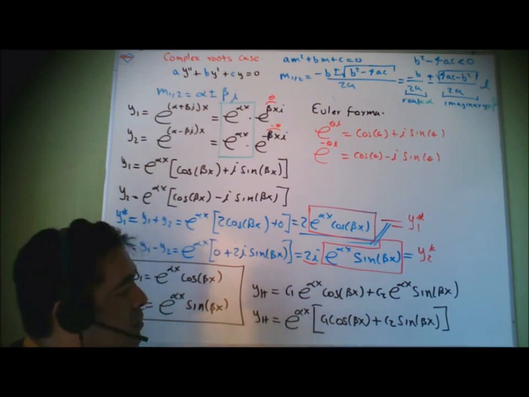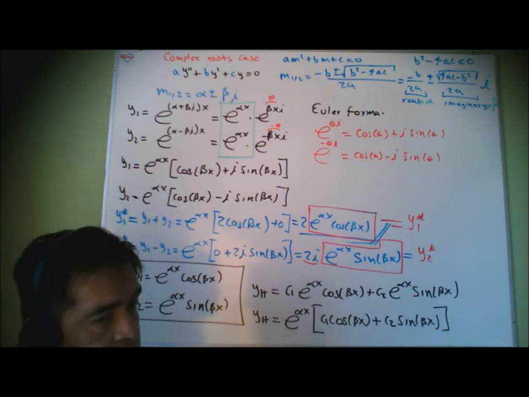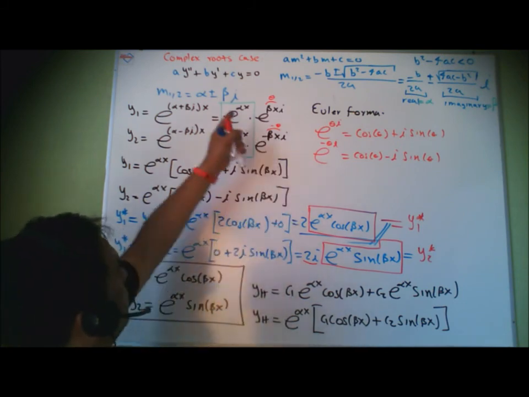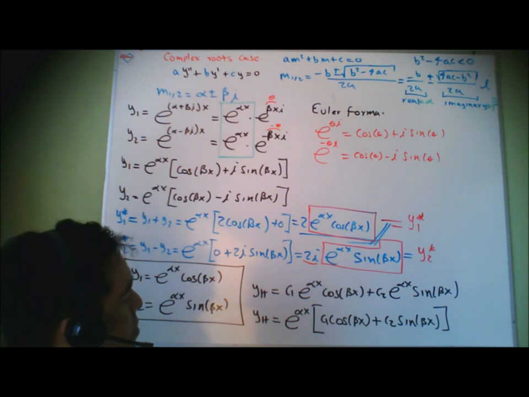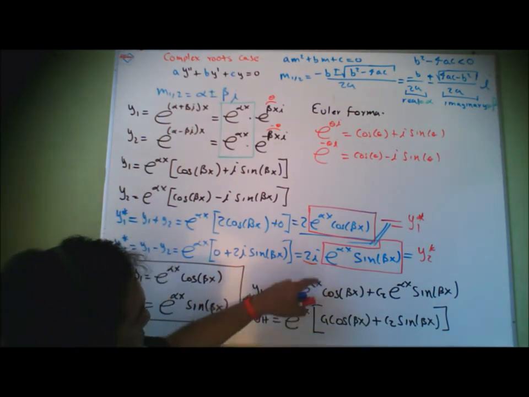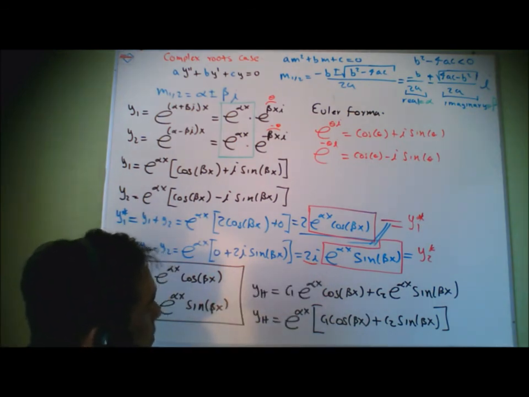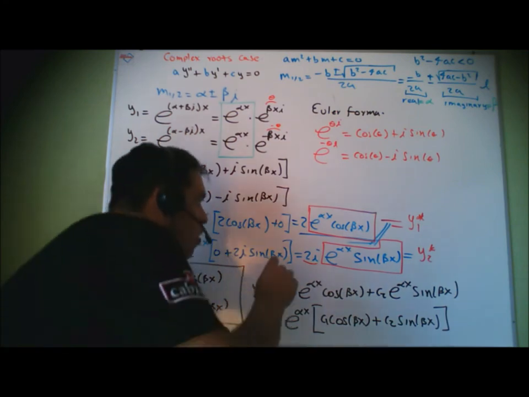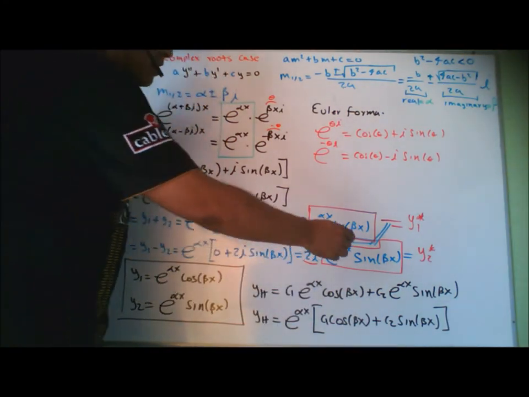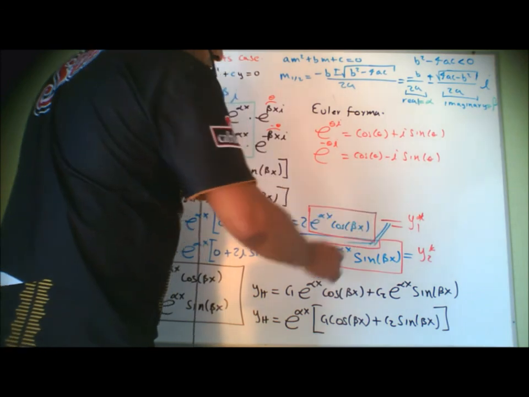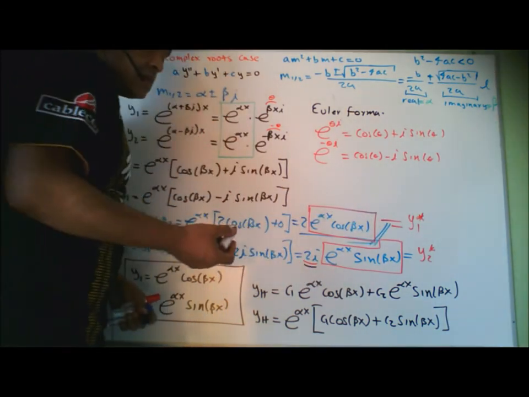Okay, so these are the solutions, and you can see here we have real functions. We no longer have imaginary functions. Now, where did this imaginary number disappear? Well, we were only interested in the real solution, because this in the end is just a constant.